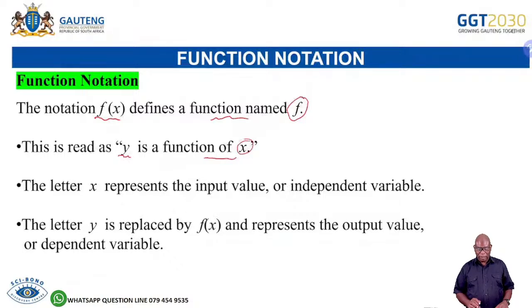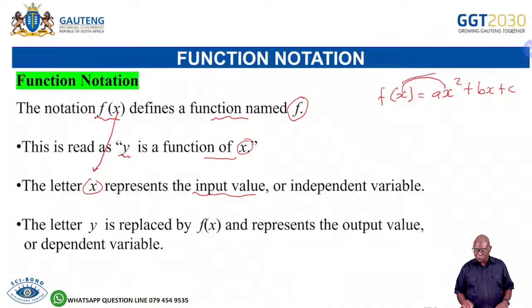The letter x that you see there represents what we call the input. So when we're doing functions, f of x equals maybe ax squared plus bx plus c, the x there is the one that we're going to substitute with. So it is the input or the independent value.